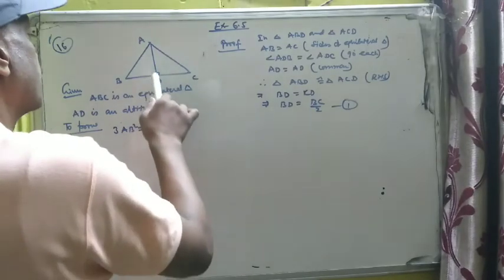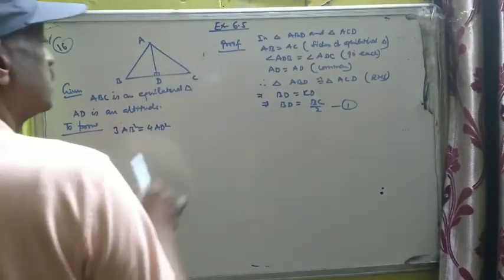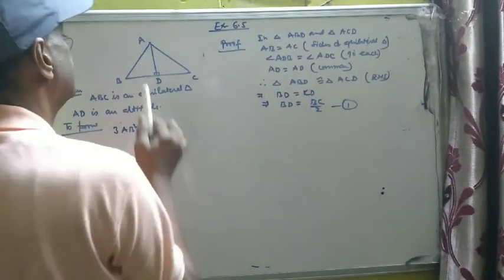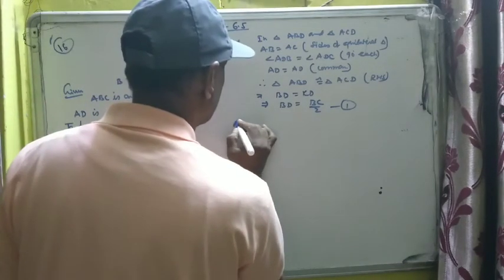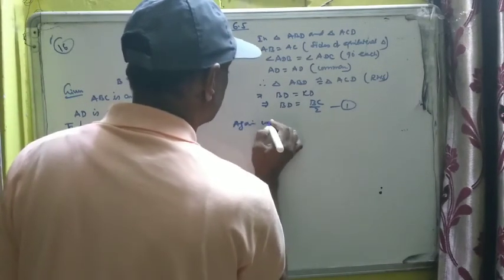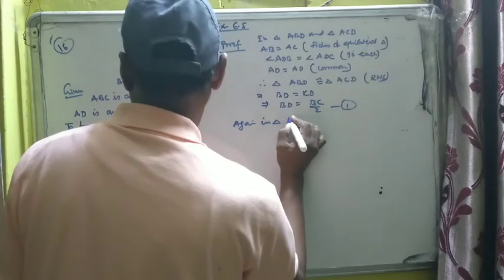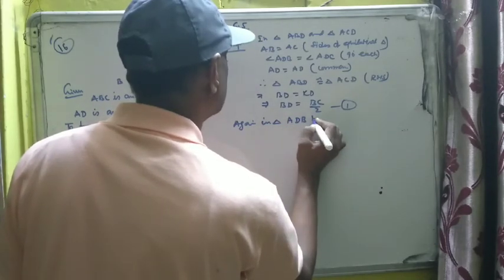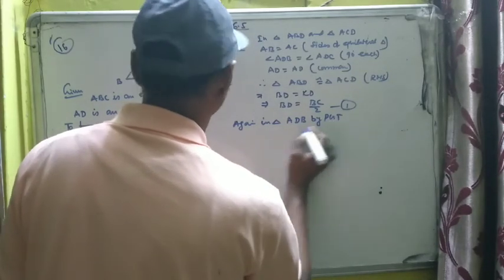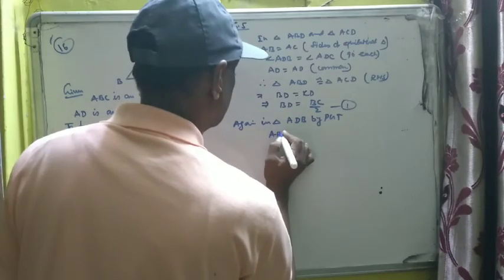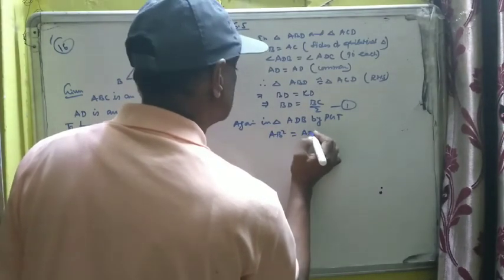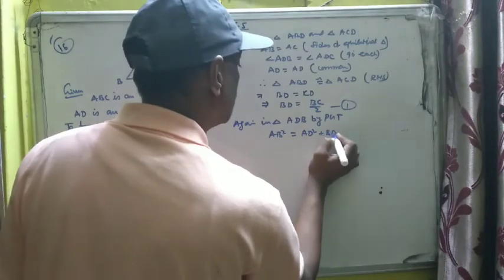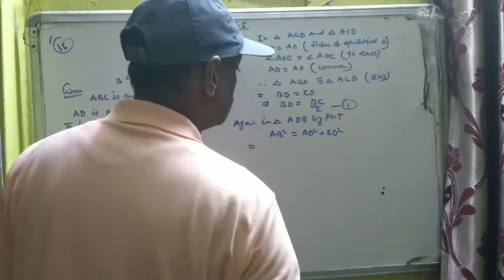Now come in any triangle, either on this or on this. We have taken BD, so we will move in this triangle. Also again in right triangle ADB, by Pythagoras theorem AB square equal to AD square plus BD square.